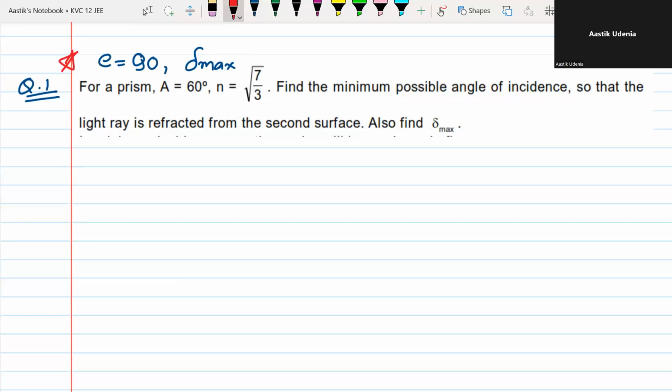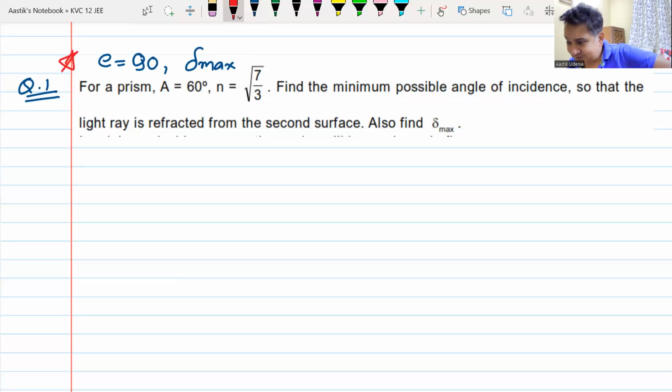I have not given you the formula of maximum deviation because I wanted to give it in this question so that you will remember it. My dear friends, can you tell me what will be the formula? Minimum incidence plus 90 degrees minus angle of prism. Well done.